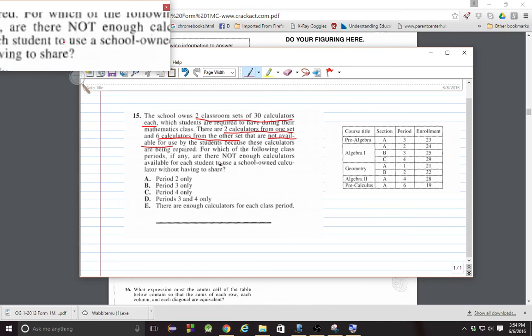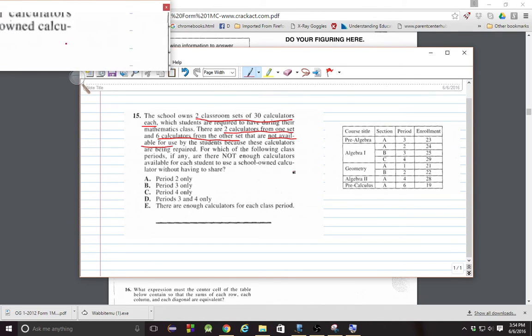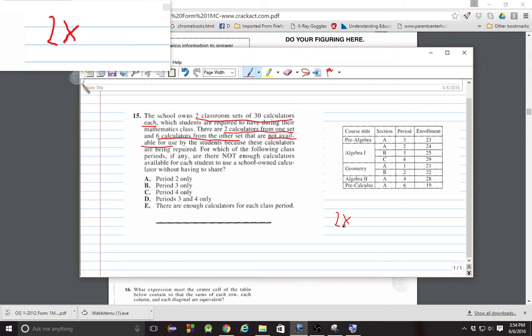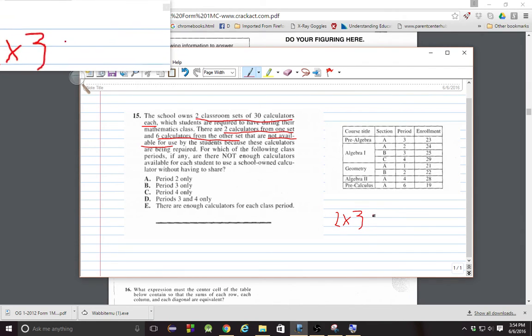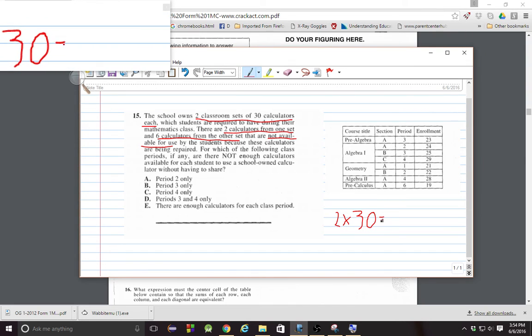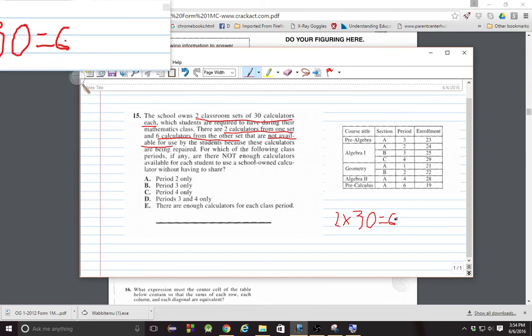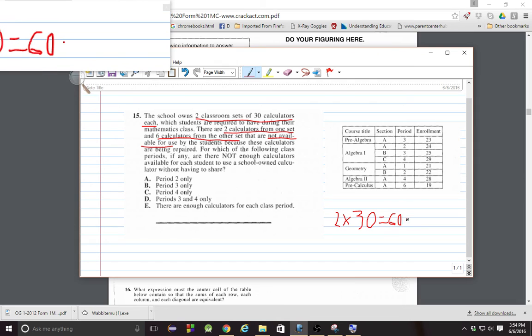So there are 2 classroom sets of 30 calculators each. That makes it 2 times 30, which equals 60 total calculators.